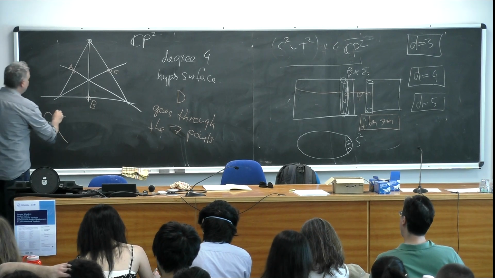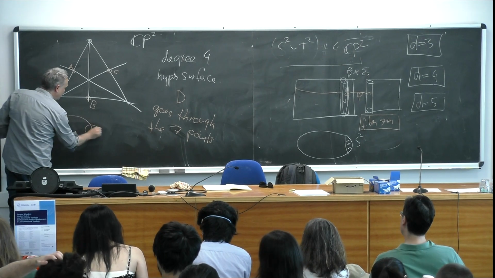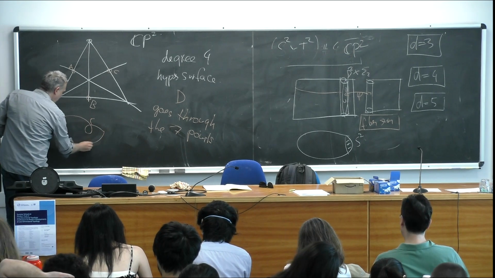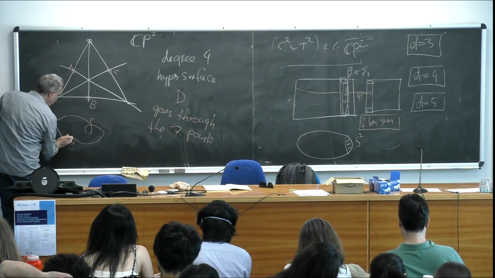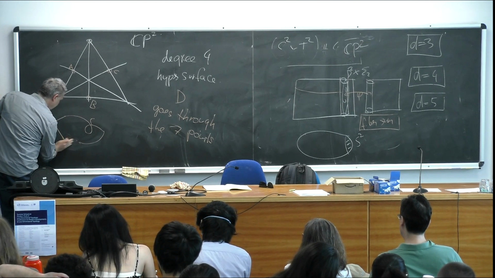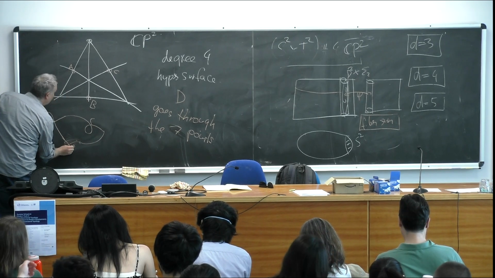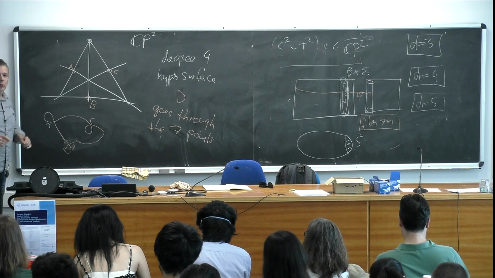And around C, it will also have this nodal singularity. And around B, it will also have this nodal singularity. But it also goes through the other 4 points as well.